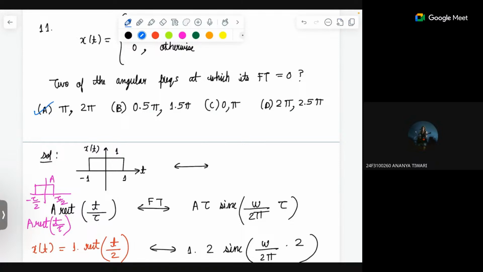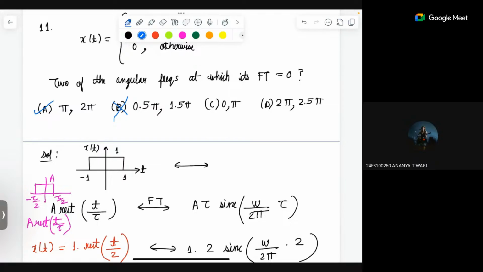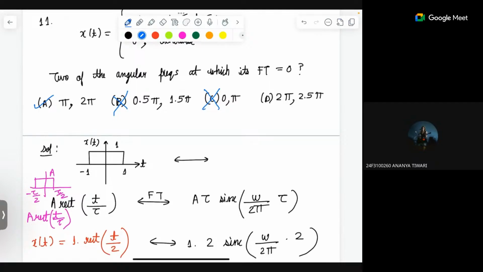Is sine pi by 2 0? No, it is equal to 1. So this cannot be. Now at omega equal to 0, we get some finite value. It is not 0, so this also goes away. Now option D, sine 2 pi is 0, but what is sine 2.5 pi? It is not 0, so this also goes away. So our correct option is option A.